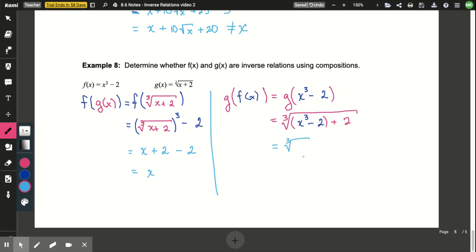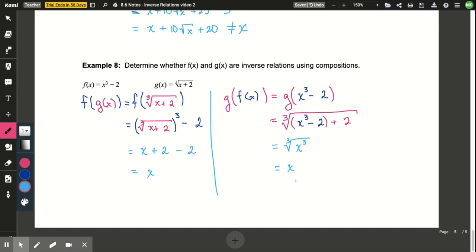The parentheses that are around the x cubed minus 2 really aren't doing anything because they're not preceded with a number that has to be distributed, and the number that's after it is just being added. So I can just pretend like they're not there. That minus 2 and the plus 2 cancel each other out, so I just end up with x cubed, sorry, the cube root of x cubed. Now, cube root and cube are inverse operations, so they do cancel each other out, leaving me with just x.